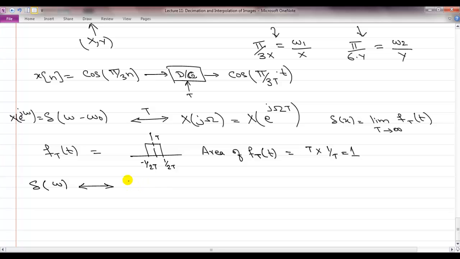So I should think of it as the limit as T goes to infinity of f_T of omega. Now if I want to scale the axis, I want to divide my axis by T. So what does f_T of capital omega T look like?